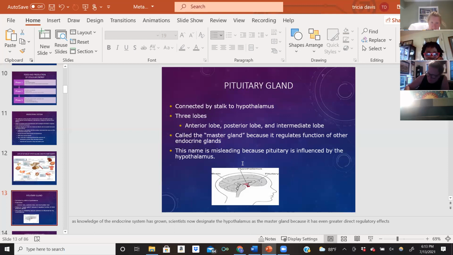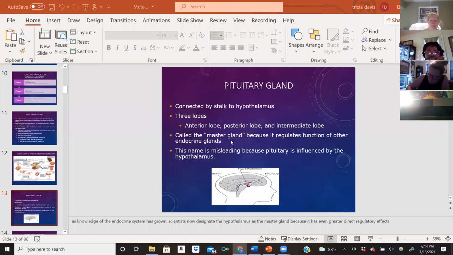Years ago, that's what they called it. Well, as scientists started doing more research and more information evolved, now they have designated that the hypothalamus is actually the master gland because it has more of a regulatory effect on all of those glands.